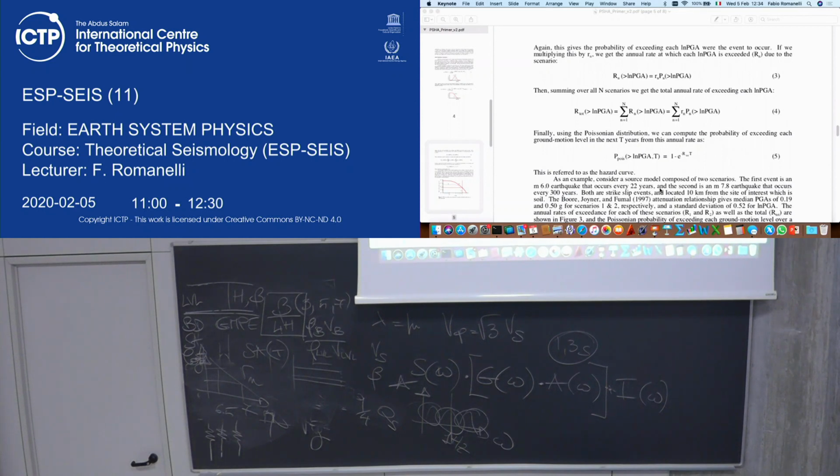And the last step is very tricky. Because you assume that the occurrence of earthquakes is following a Poissonian distribution. So you can compute the probability of overcoming a given value of the ground motion parameter in some period, and usually 50 years is used. You should ask why. Why? No one knows.